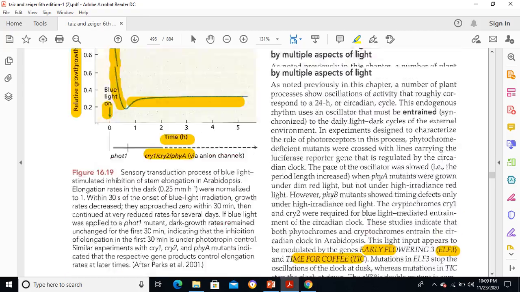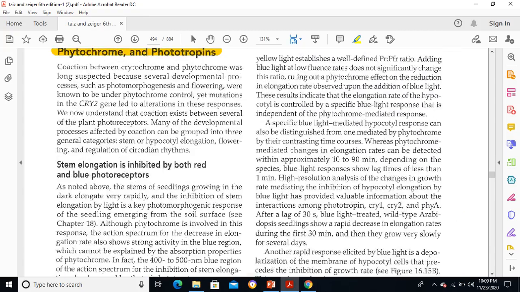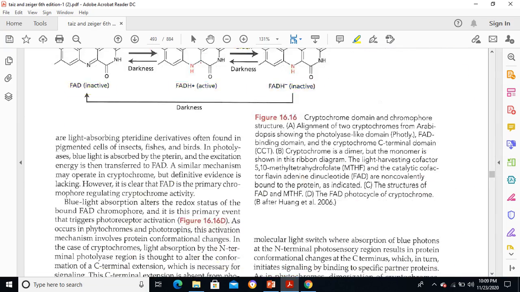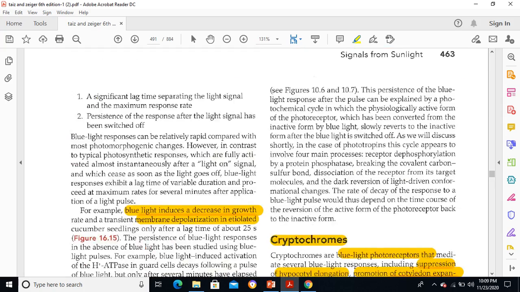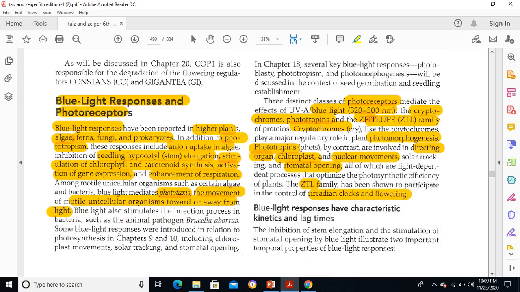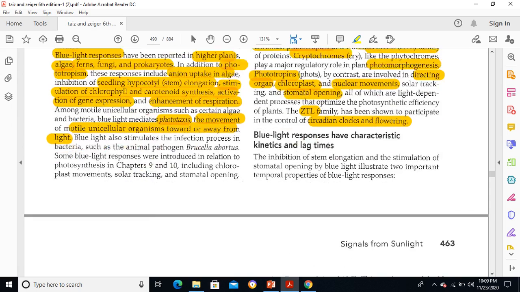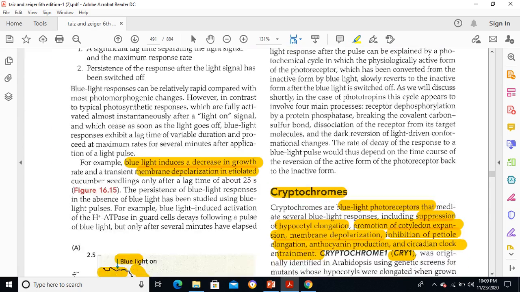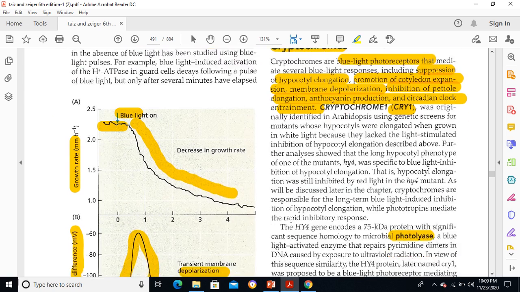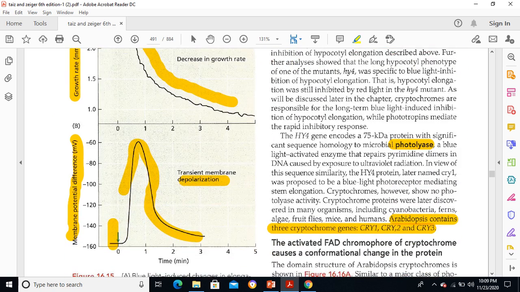So that's all about cryptochromes. We have studied cryptochromes in this video. We have studied the various blue light responses and photoreceptors. Then we studied in detail about cryptochromes, their blue light responses, what the blue light responses are, and how they are graphically represented.